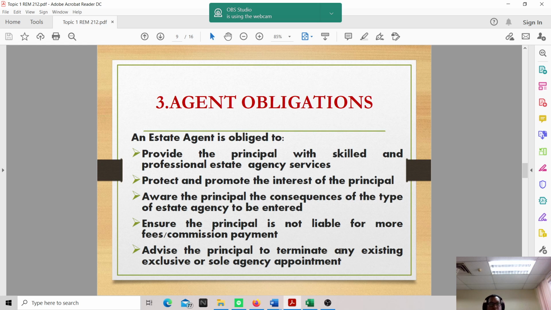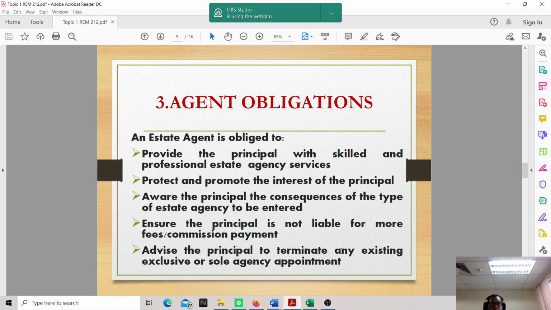It's very important for us to get the registered document that states that, oh, I appoint you, Hilmi Masri, as my exclusive estate agent. So I will appoint you, and then I sign this document, and then you hold on to that document. So if there is any dispute afterwards, you can show the court of law that I am an exclusive estate agent, so I deserve to get the commission from the principal.